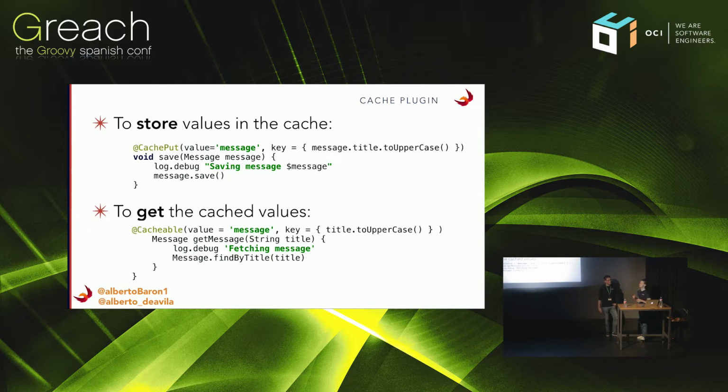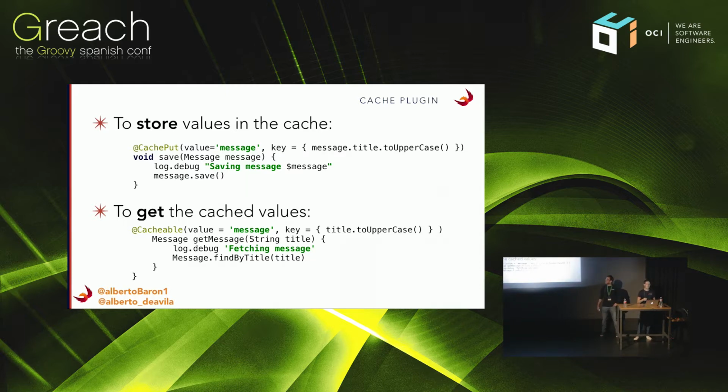So how to use that plugin? It's very, very easy. When you configure it in your project and you have created the message cache, you have to use the cache put annotation on a method, specifying the name of the cache where you want to store the values and the key to use.